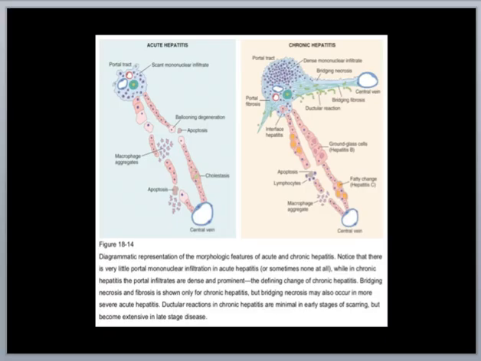This is a figure from Robbins that nicely summarizes some of the different histological features that are seen with acute versus chronic hepatitis. And so I'll try to show you some images that are specific examples for most of these things. Some of these things we've already talked about with the cirrhosis case in terms of portal fibrosis and bridging necrosis and fibrosis, but we'll go on from there.